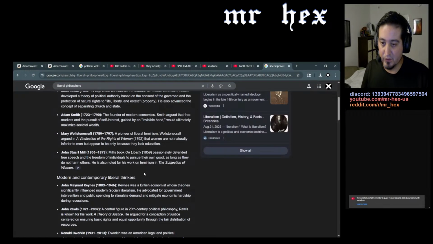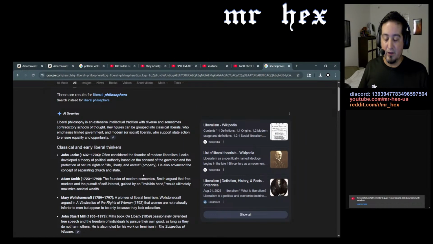These are the names that were the inspiration, the philosophical foundation for the United States, for the Constitution, even the wording of the Constitution. Things like life, liberty, and the pursuit of happiness come from the concept of life, liberty, and estate.